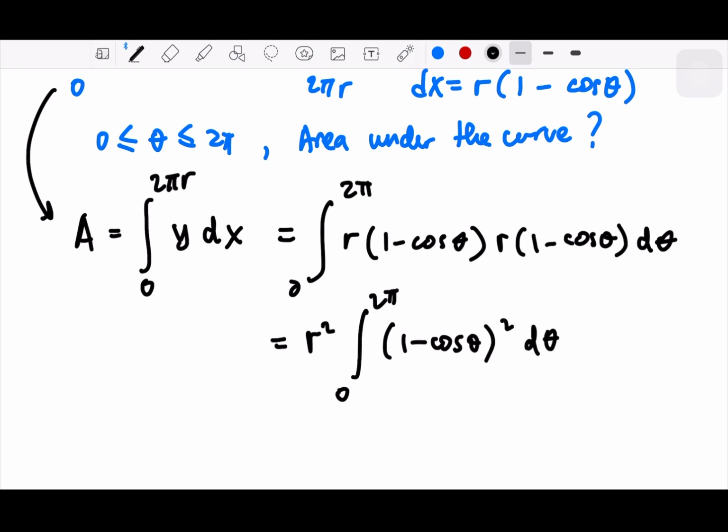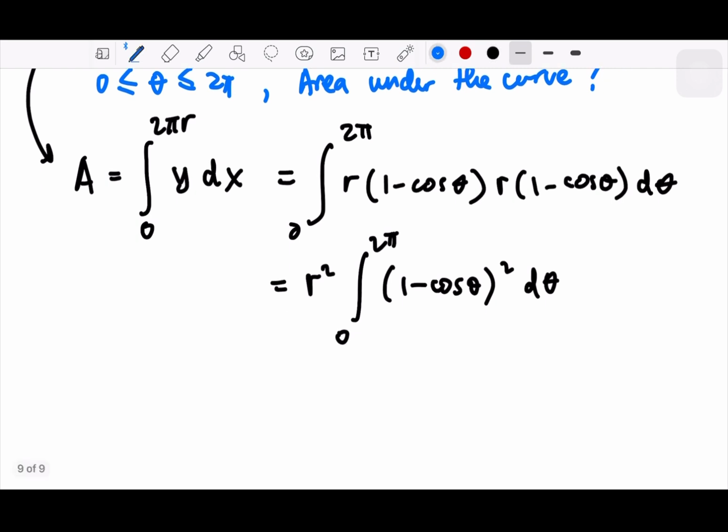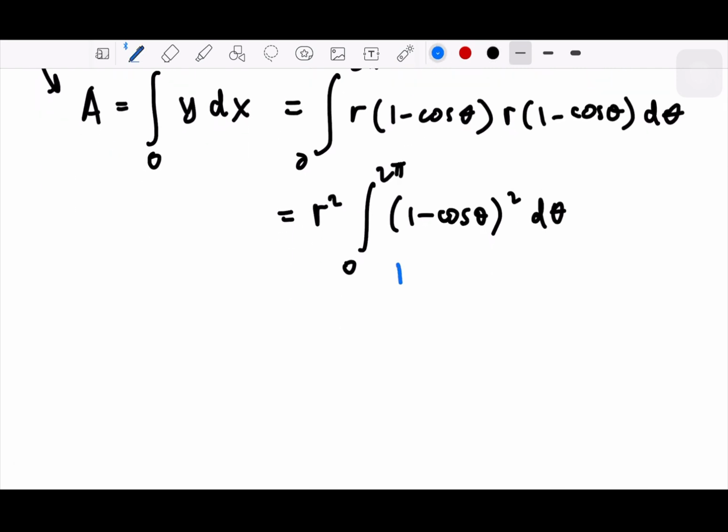Okay. Now we need to have some calculations. Let me just write really quick here, just to show you. Just a quick review. If you have this squared in a trigonometric, the best way to solve is to change the square into a double angle. Okay. What is the double angle?